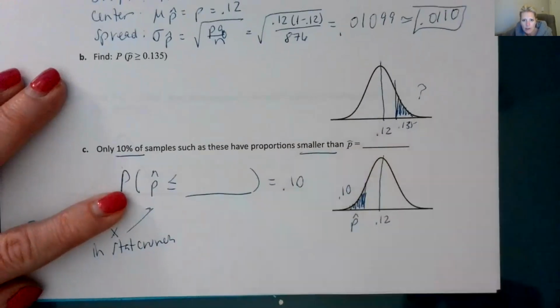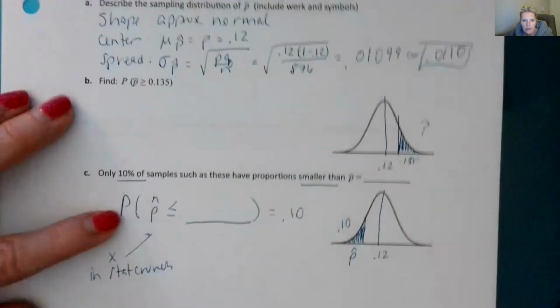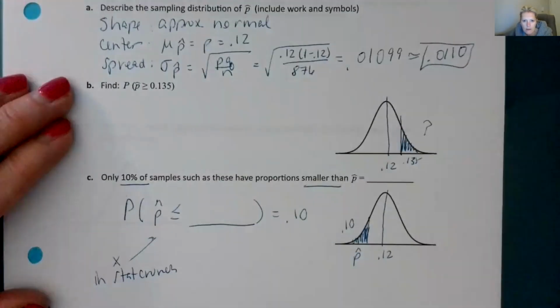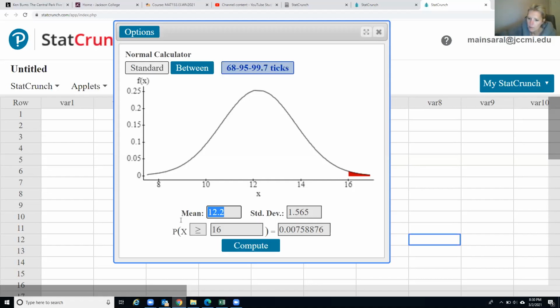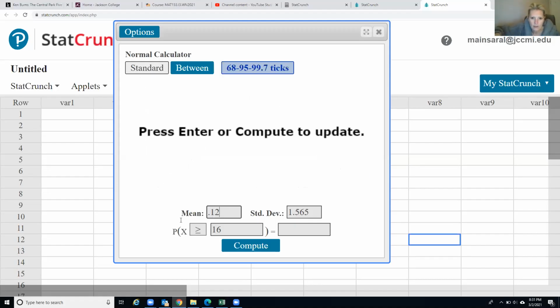So let's go complete these in StatCrunch here. Our setup here is 0.12, and our standard deviation, which is our standard error, is 0.011. The first one was a greater than, and we said what is it likely to be greater than? 0.135.